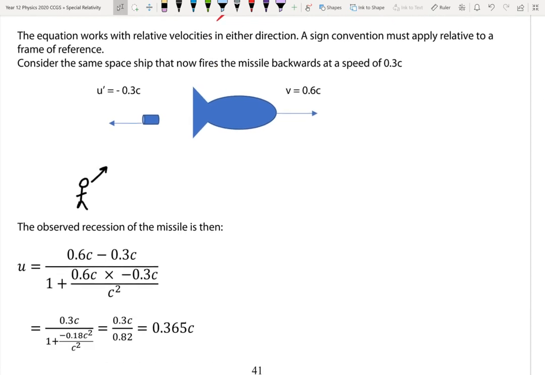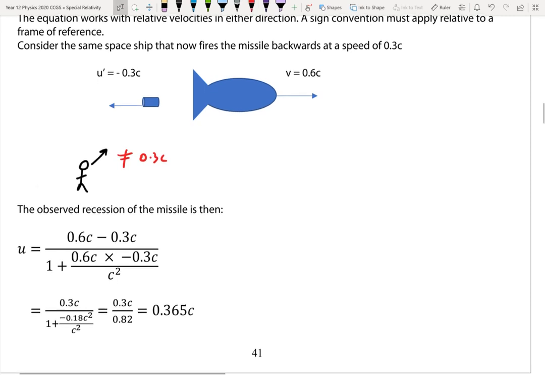Have a look here. This is the weird thing. Even though we're not going towards the speed of light, we're coming back from the speed of light. We're going to subtract 0.3c from 0.6c. These two speeds are still relativistic, and the effects will still happen. So now it is not 0.3c.